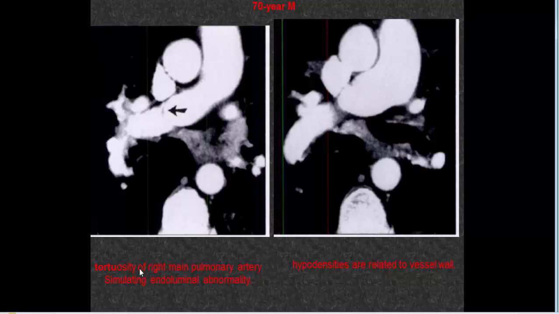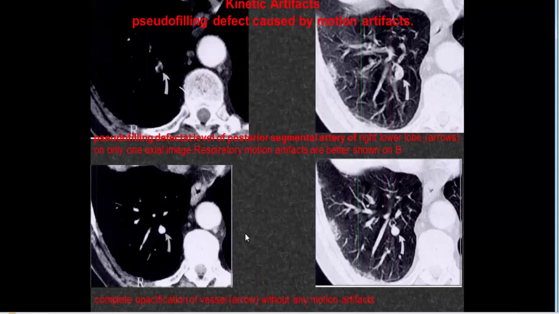A 70-year-old male, tortuosity of the right pulmonary artery simulating endoluminal abnormality. The hypodensities are related to the vessel wall. Another pitfall: kinetic artifact, pseudo filling defect caused by motion artifact. As we see, a pseudo filling defect of the posterior segmental artery of the right lower lobe.